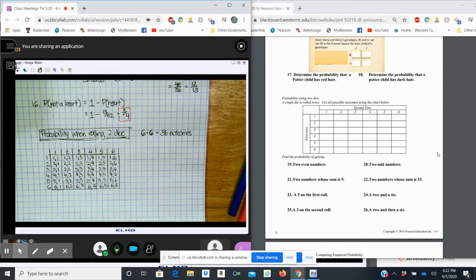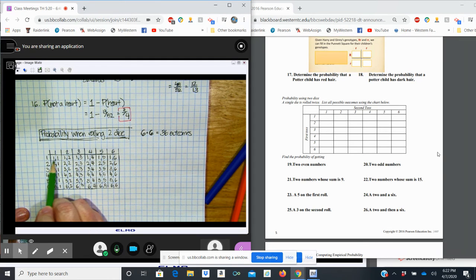The question sometimes comes up, is rolling a 2 with a 1 any different from rolling a 1 and then a 2? Are those different outcomes? Well, sometimes.